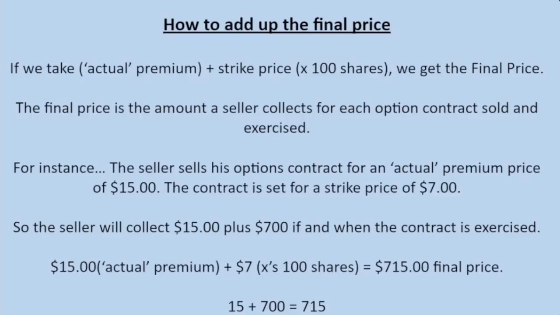Well, he's going to collect the $15 from that actual premium, and he's going to get $700. That's $7 times the 100 shares. So we know he's going to have a total of $715 from selling just that one options contract, because it's 100 shares times the strike price and 100 shares times the premium. We add those together, and that's the finalized exercise contract price.